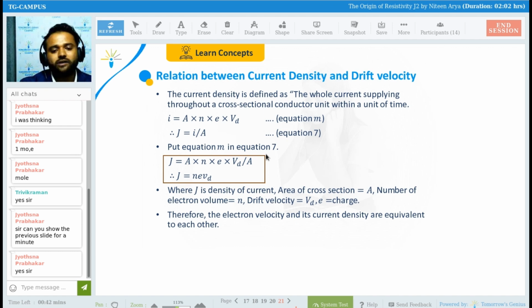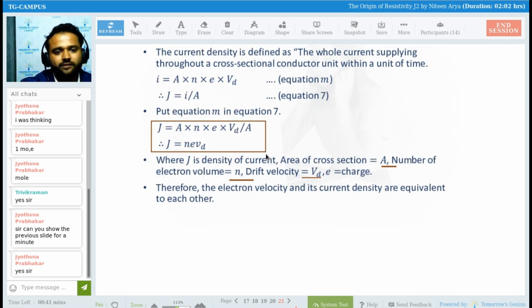So I already wrote it down, where J is the density of current, A is the area of cross section, the number of electrons per unit volume is n, the drift velocity is Vd, e is the charge. Okay, so the important formulas you can get: first, I equals to n e A Vd.